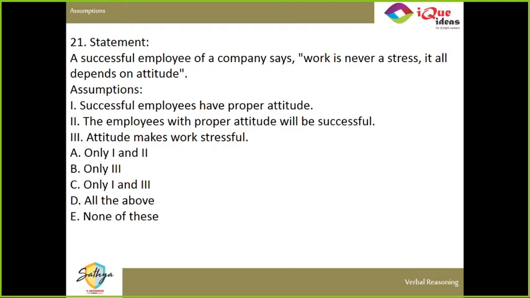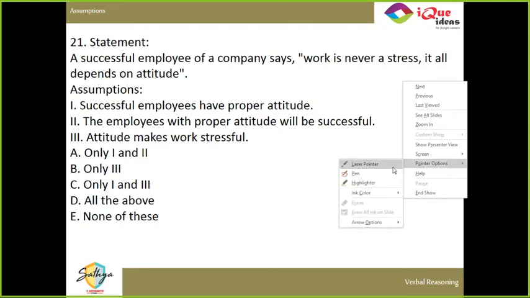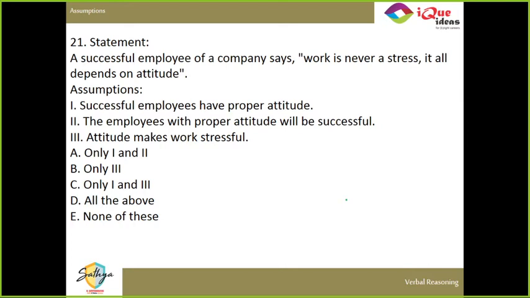This one connects attitude and success, but the actual connection which the employee is giving is between stress and attitude, right? So the first assumption which is given is not necessarily true. The first assumption given is not necessary. Even without this, the statement still holds value. So the first one, not required.